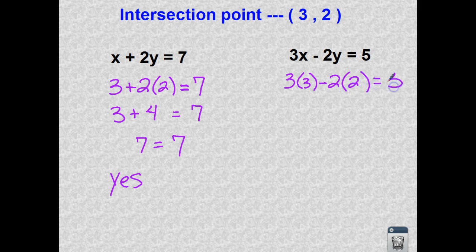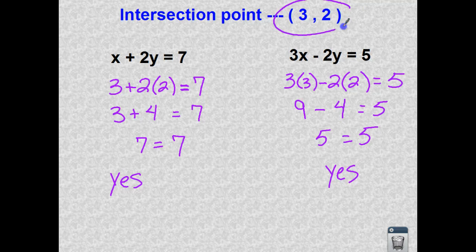Now, it should equal 5 if we did everything correctly here. So 9 subtracted by 4, and it looks like this one also checks out. Okay, so final answer would be the intersection point of 3, 2 is the solution of the system of equations.